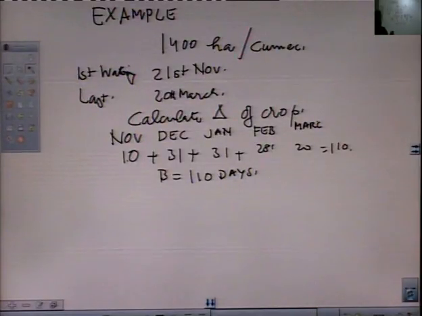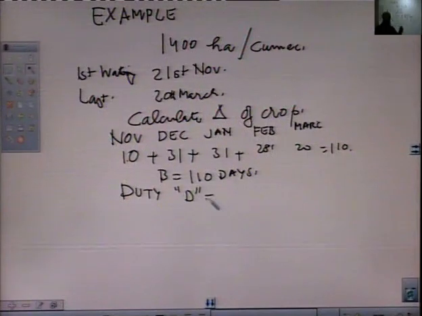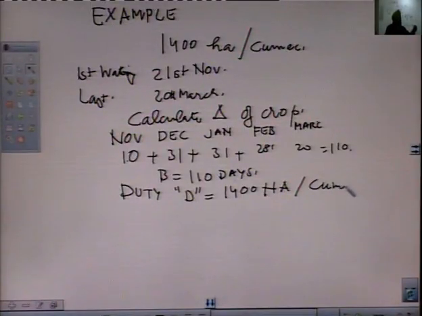Duty is given. So, duty D is given as 1400 hectare is cultivated by 1 cumec of water, which is by definition. So, this is my duty of the crop.